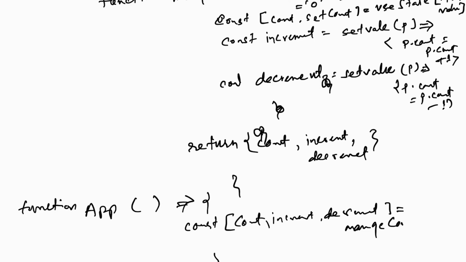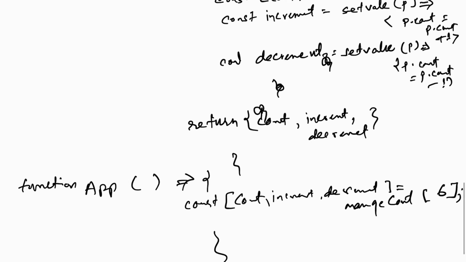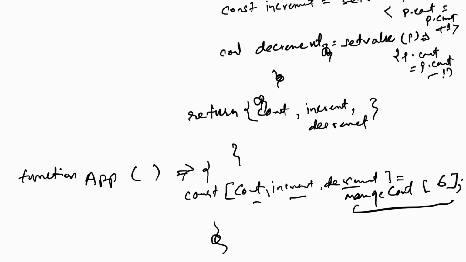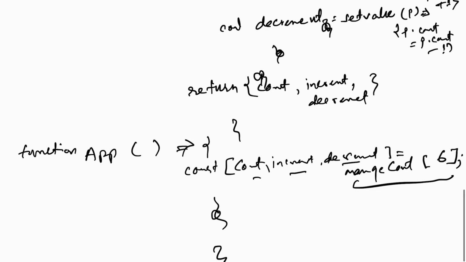Manage counter, and then I'm giving some initial value, say 6. Okay. So this manage counter will return me three things: count, increment, and decrement. And I can use it to set the value of the count or increment the value of the count or decrement the value of the count in my app component.